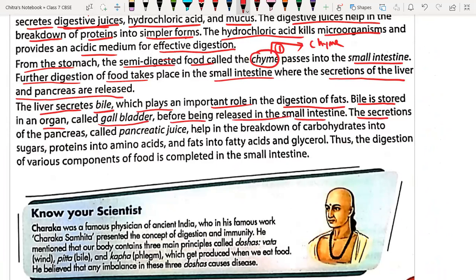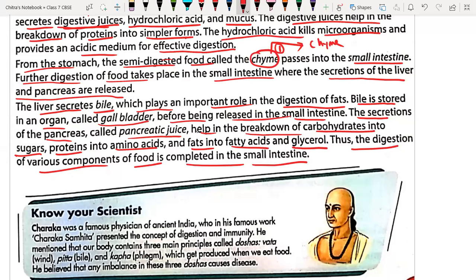The secretion of the pancreas, called pancreatic juice, helps the breakdown of carbohydrates into sugar, protein into amino acids, and fat into fatty acids and glycerol. So these are nothing but alcoholic substances. Thus, the digestion of various compounds of food is completed in the small intestine.